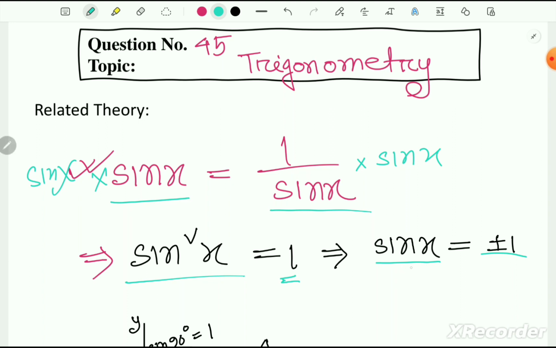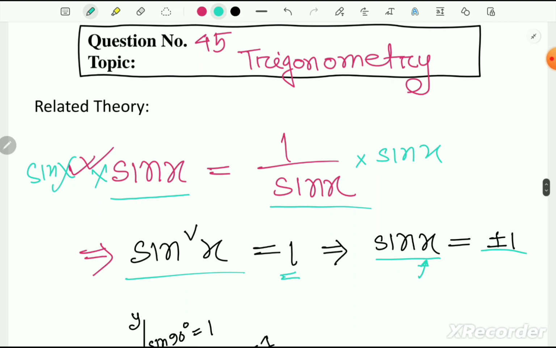That means we have to find out the value of x which will give us plus minus 1 for sin x. So it's very simple. We know sine 90 degree gives us 1, or sine 270 degree gives us negative 1.